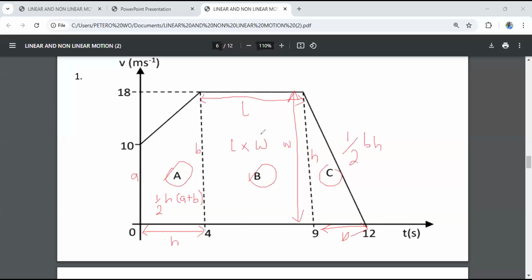So after we have got all those areas, we will add them together and get our distance that is traveled.